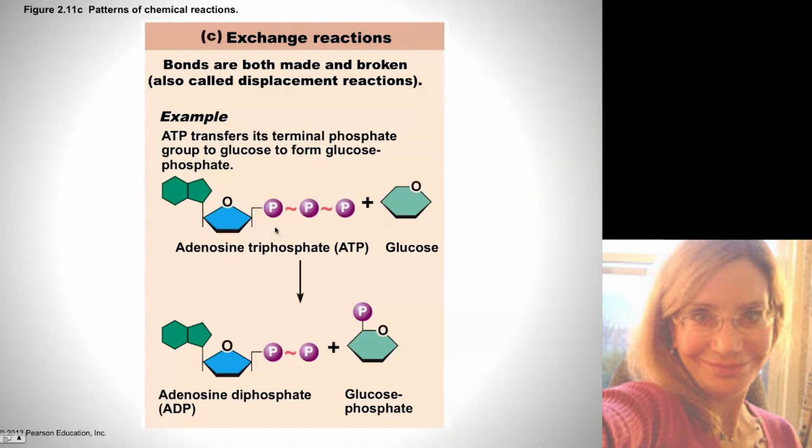What you have left is adenosine diphosphate. Remember, this prefix di means 2, so you have your 2 phosphate groups, and the other phosphate group was transferred to the glucose molecule. So this one broke down a molecule to a smaller one, but then built another molecule up to a larger one, glucose phosphate.